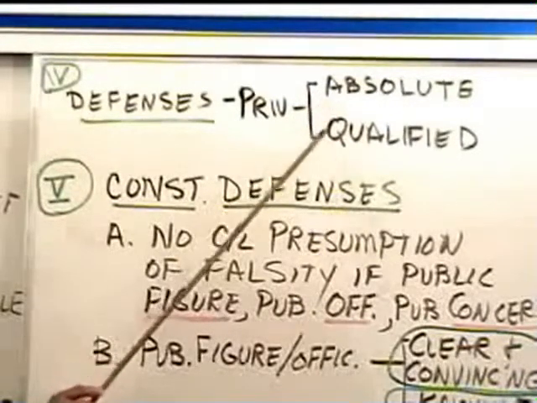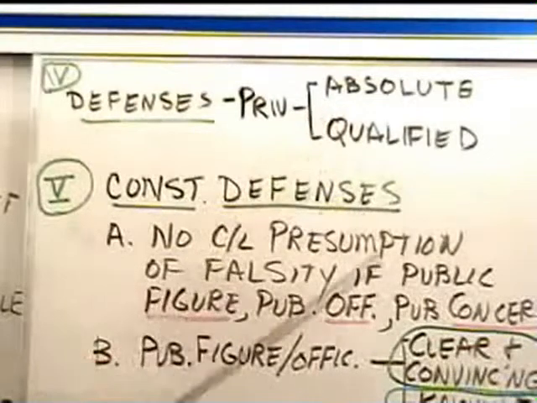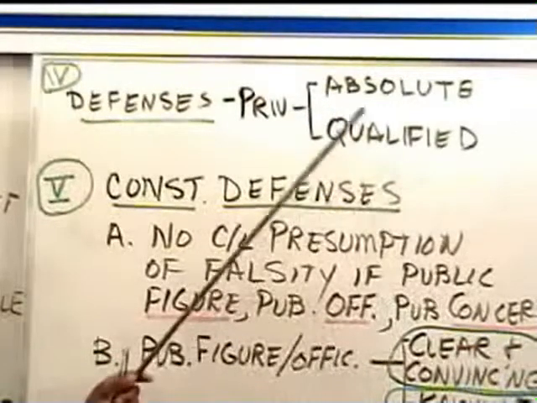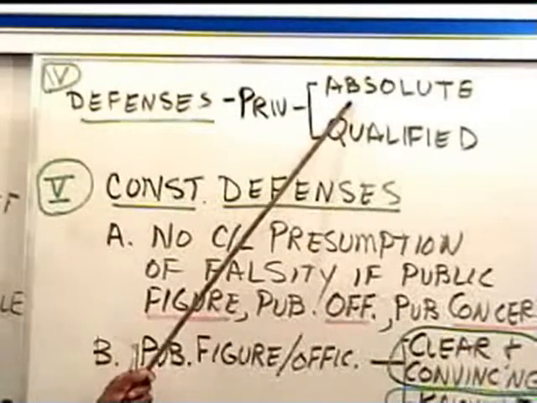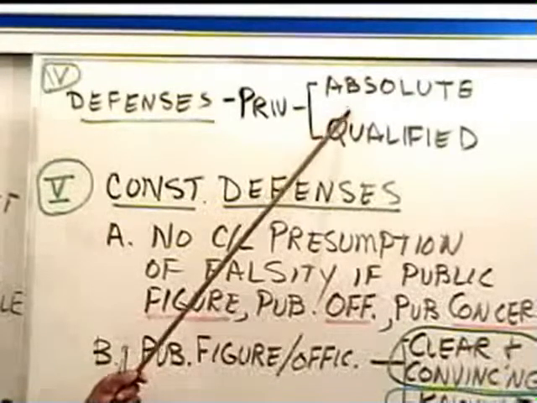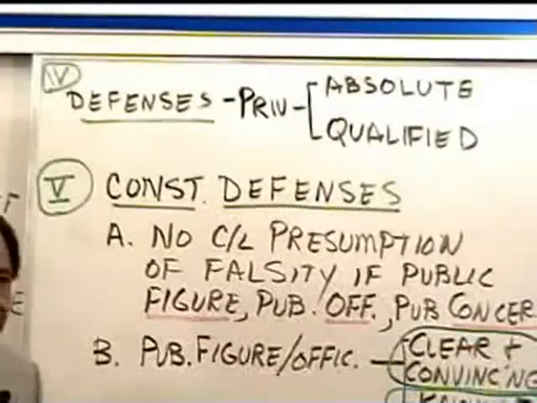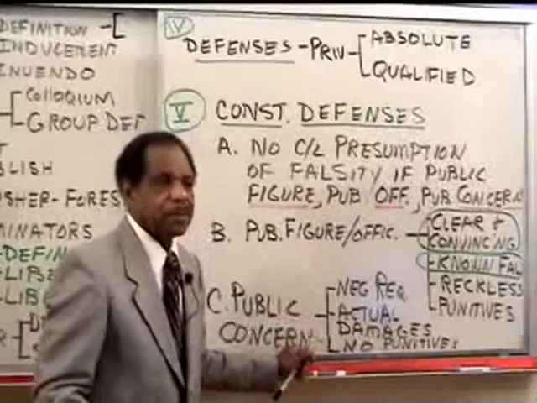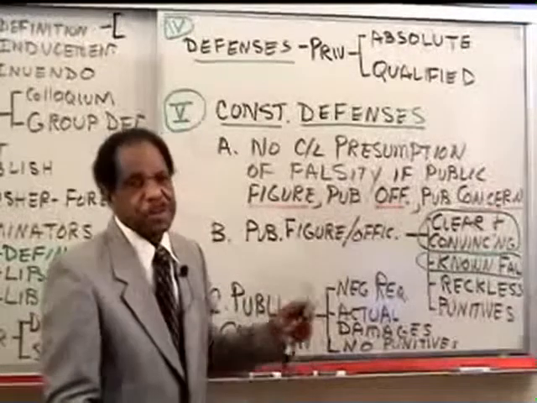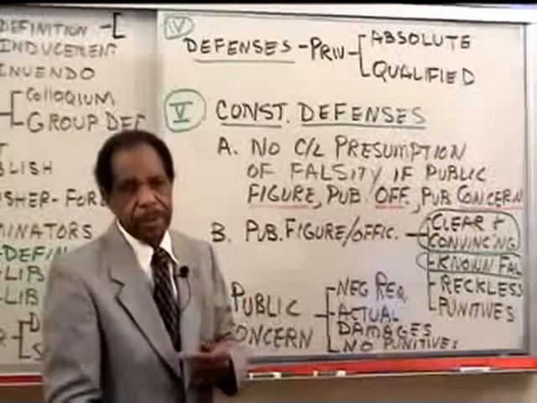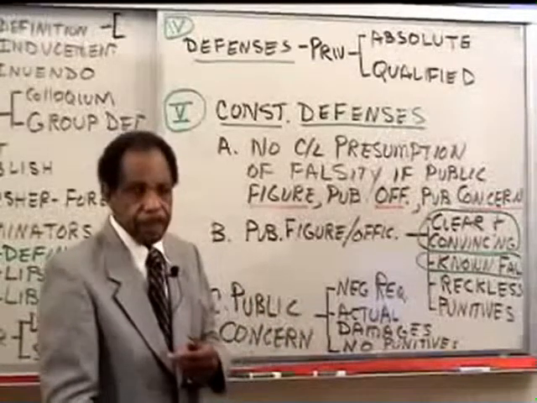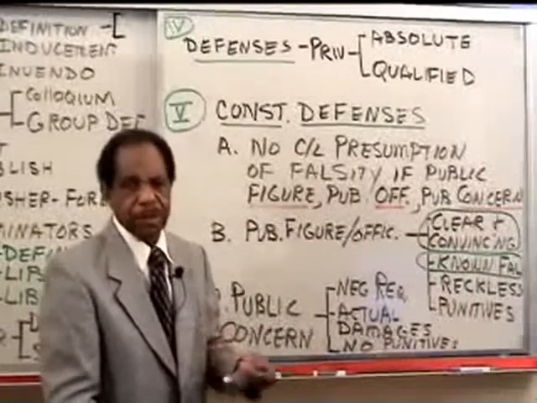Sometimes what people say in court, some authors label that as absolutely privileged, but they always then go on to explain that even if it's absolutely privileged, the statement that the person made in court must be somehow related to the cause of action.